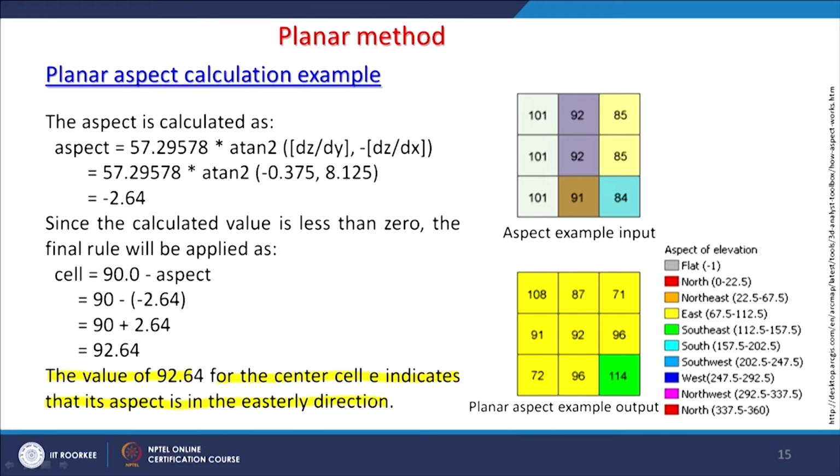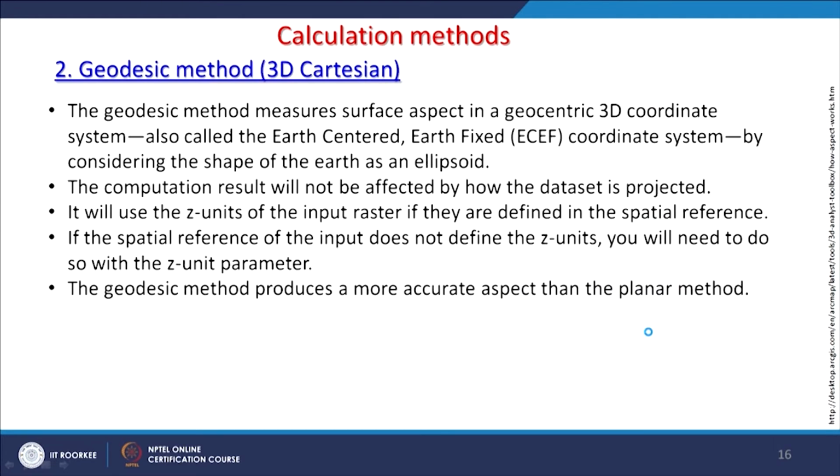So, likewise the calculation is done. So, this was my input and this is my output. You can also see that here 84 is the minimum, and as per the slope direction, this 114 value is falling in the southeast one. So, likewise the calculation is done.